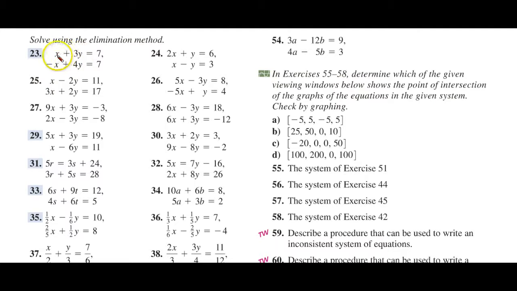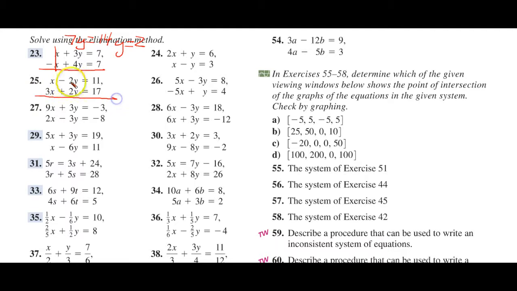The rule for that is to set them up in standard form, which they are, and see if just by adding them together, one of the letters will cancel out. These will cancel out. So we end up with 7y equals 14, adding these up, and dividing by 7 we get y equals 2, and then we put 2 there and find the other.